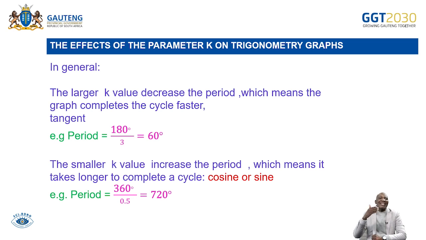It's half a cycle within a revolution, so it takes longer to complete the cycle. So as you increase k, it becomes faster to complete your cycle. Frequency modulation, changing your frequency. Those are the effects of k on these trig functions.